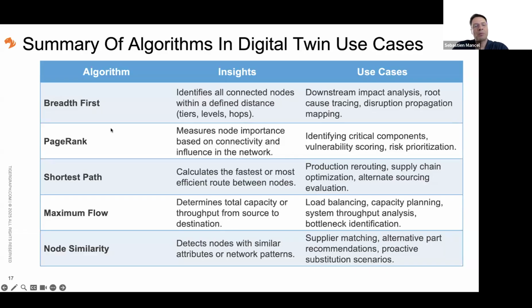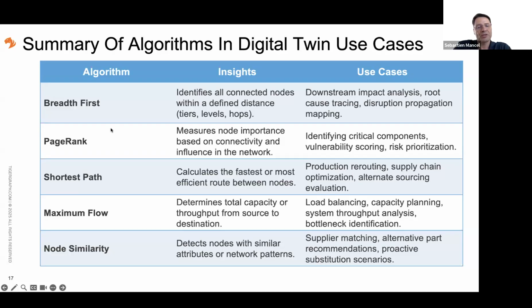Shortest path helps us find the most efficient route between two points. So it's useful for rerouting logistics, rebalancing production flows, or assessing recovery options during a disruption. Maximum flow looks at the total capacity through the system, and it helps us understand how much throughput we can achieve, where our bottlenecks are, and how to optimize system-wide efficiency.